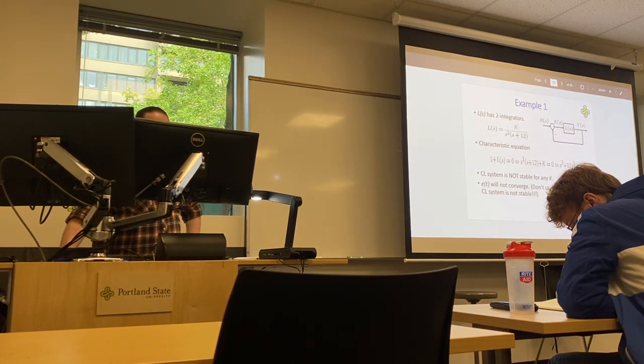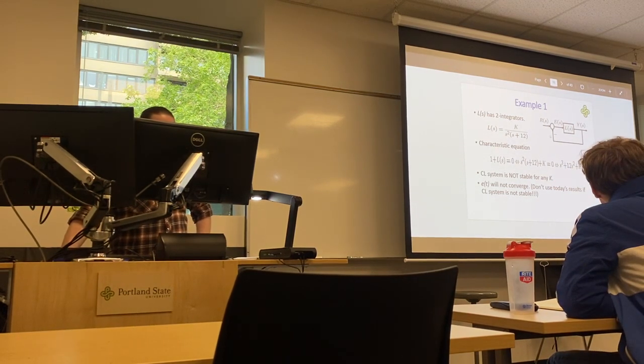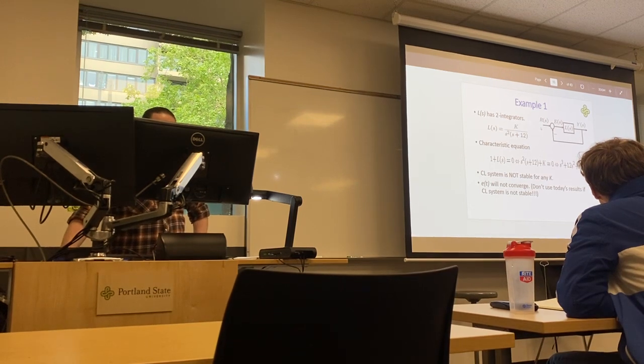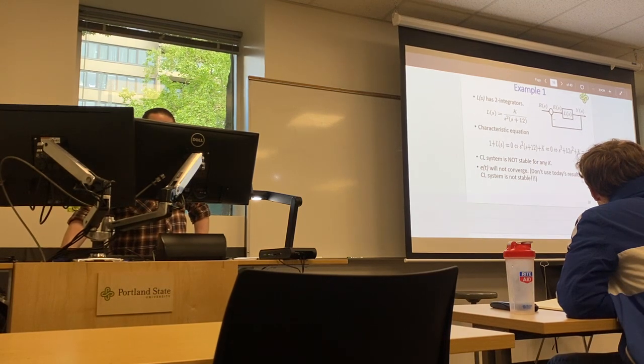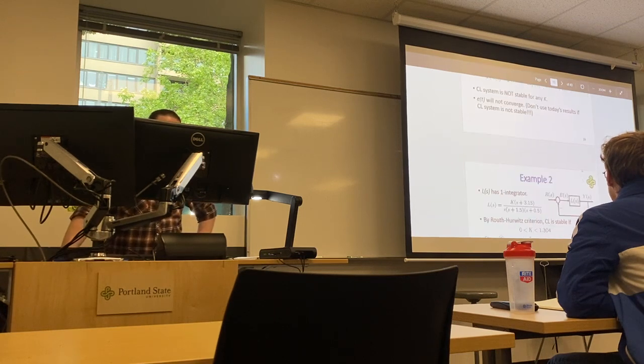So we're saying that our plant has 2 integrators. So the closed loop is not stable for any value for this specific plant. The 2 will never converge. I'm not sure the point of pointing this out at the moment.